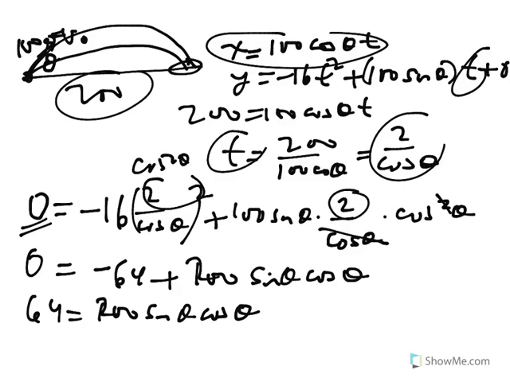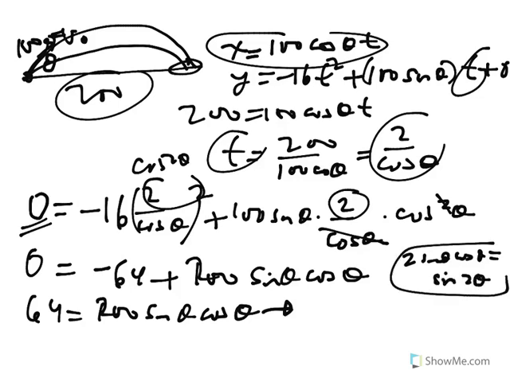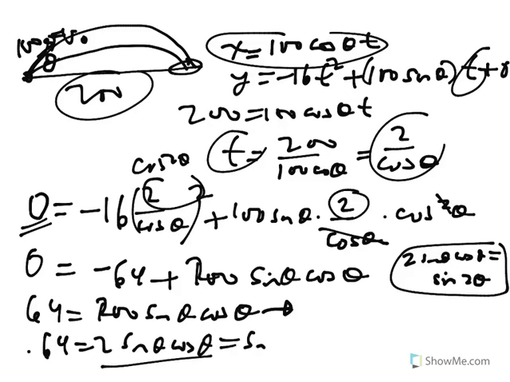Now, it seems like there's way too many variables here, but there's a trig identity that says that 2 sine theta cosine theta is equal to sine 2 theta. That's an identity that comes in handy right now, because if I divide both sides by 100, I get 0.64 equals 2 sine theta cosine theta, which can now be replaced with sine of 2 theta.